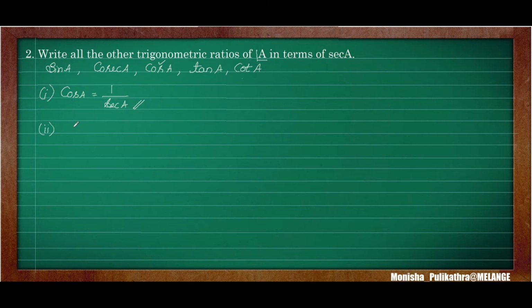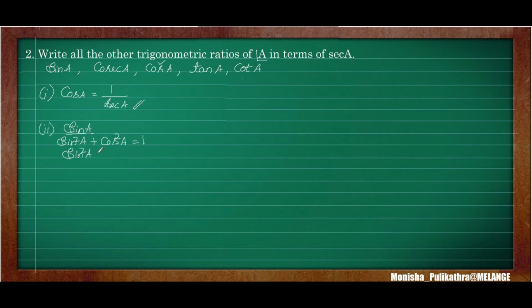Second one, I need to derive a formula for sin A in terms of secant A. We know the identity sin square A plus cos square A is equal to 1.